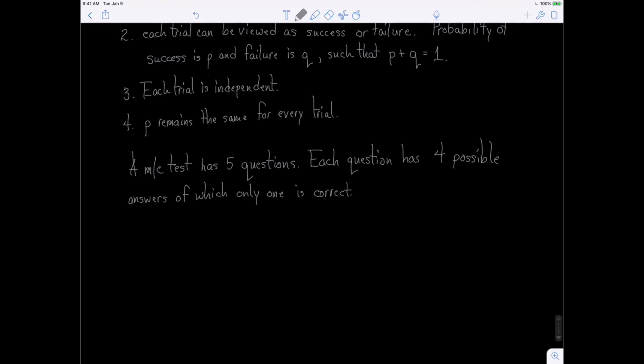Finally, we would say a score of 70% is passing.